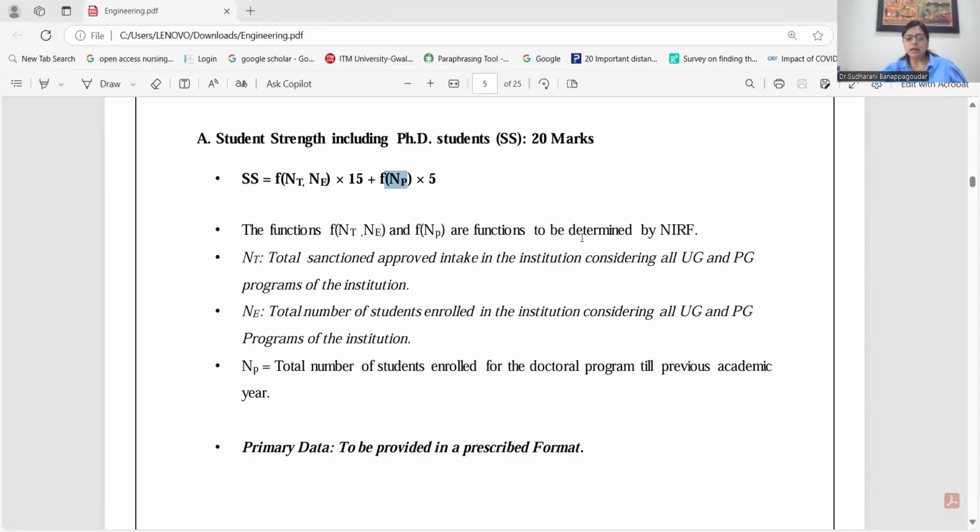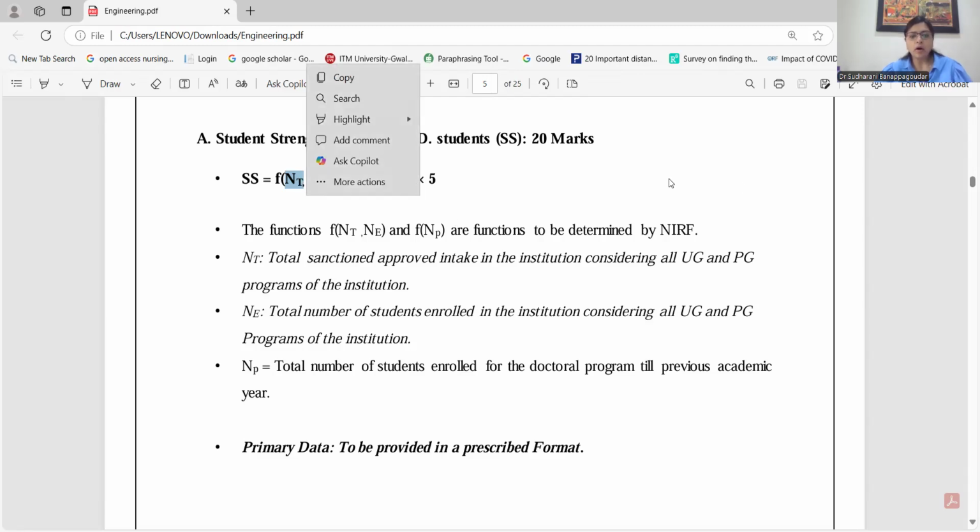So now let us assume an example for this particular formula. Now, assume NT, the sanctioned approved intake, is 240, and of which NE would be 240.